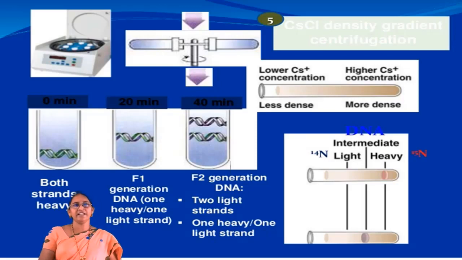So heavier DNA molecules form a band at the bottom and lighter DNA molecules form a band at the top. Whereas mixed DNAs, consisting of heavy labeled DNA and light labeled DNA, form hybrids, which form a band at the middle of the test tube.